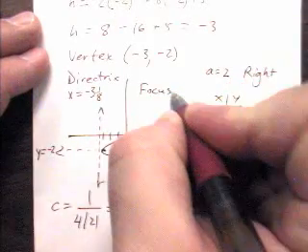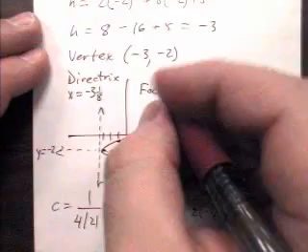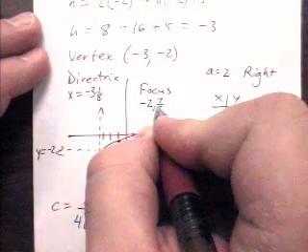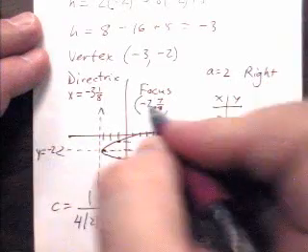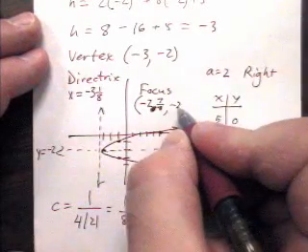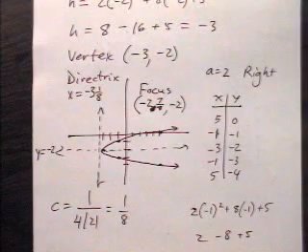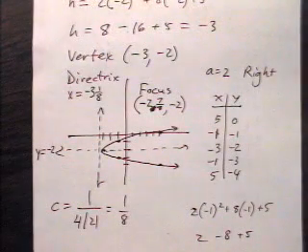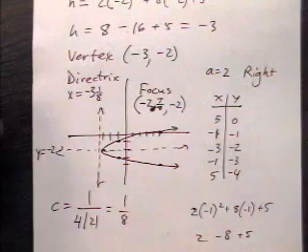The focus is inside the parabola, so that would be negative 2 and 7/8, comma, negative 2. So you're moving to the right 1/8 of a unit. And so that's the picture in your directrix and your focus.